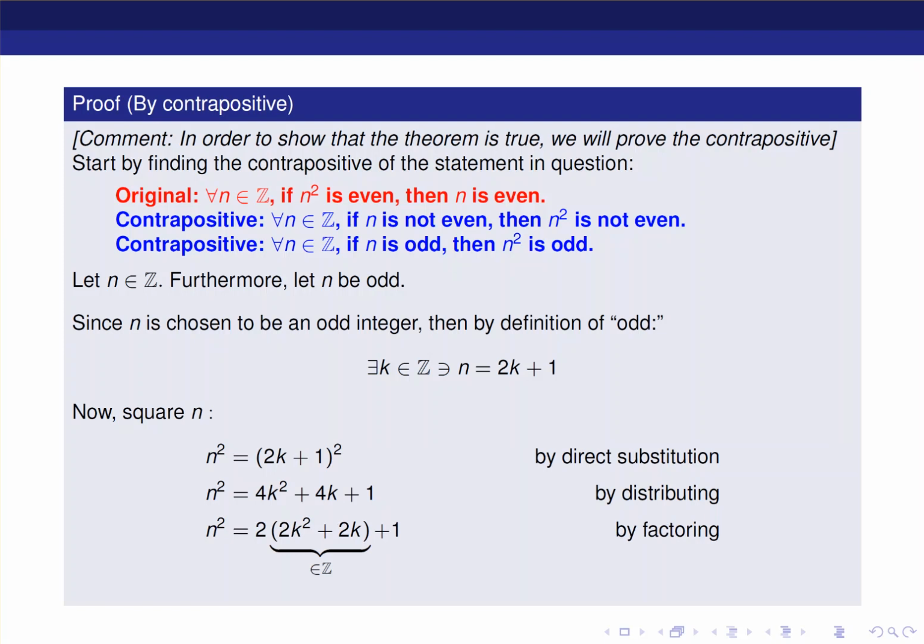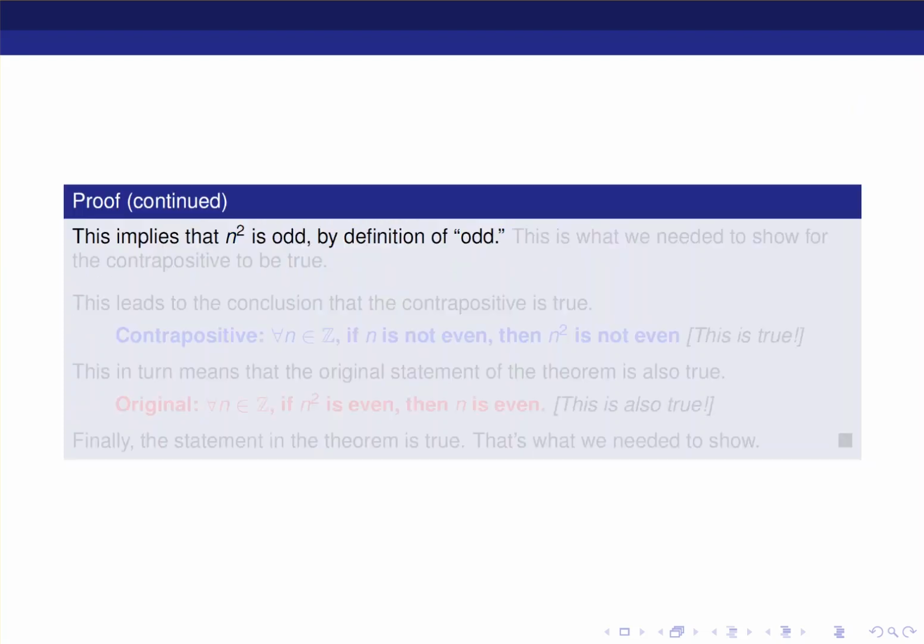By squaring and rearranging the terms, I can rewrite the n squared as 2 times (2k squared plus 2k) plus 1 off to the side. Now remember, k is an integer, so therefore the parentheses 2k squared plus 2k is also an integer, because it's made up of products and additions of integers. Well, what does that mean?